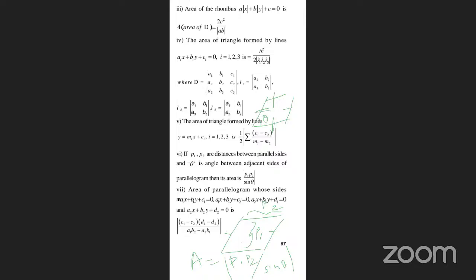This side is non-parallel, this side is non-parallel. Then the area of the parallelogram is given by A is equal to modulus of P1 into P2 by sine theta.